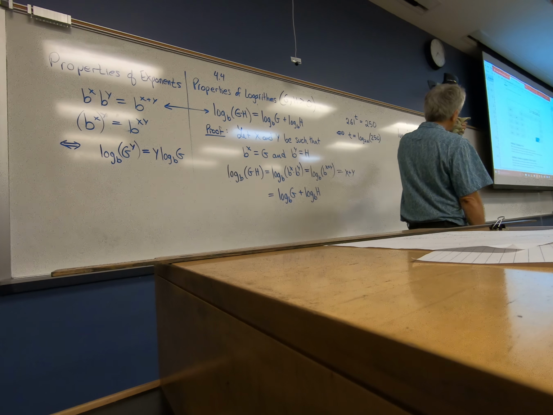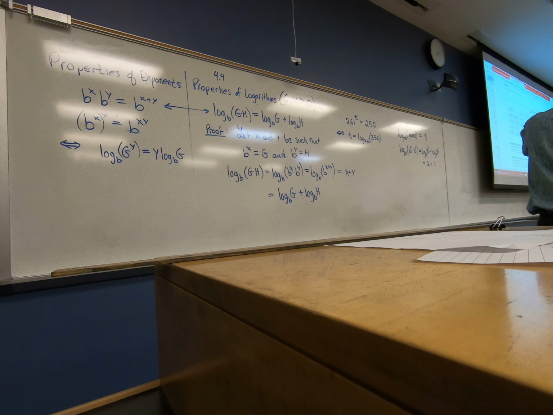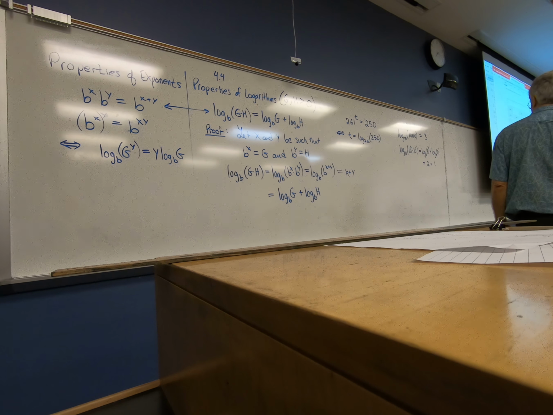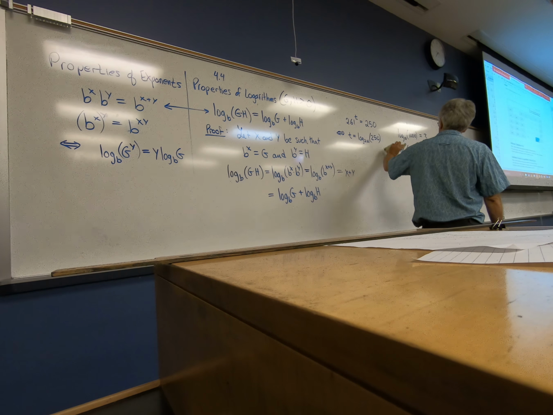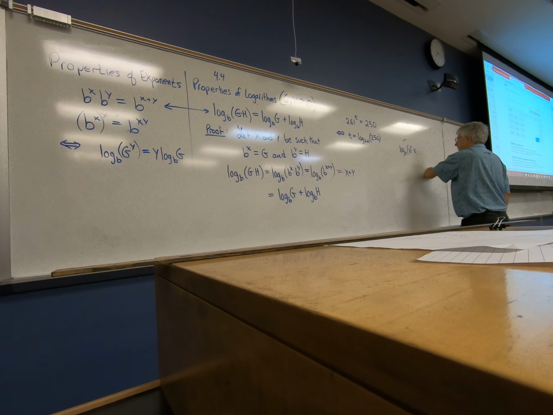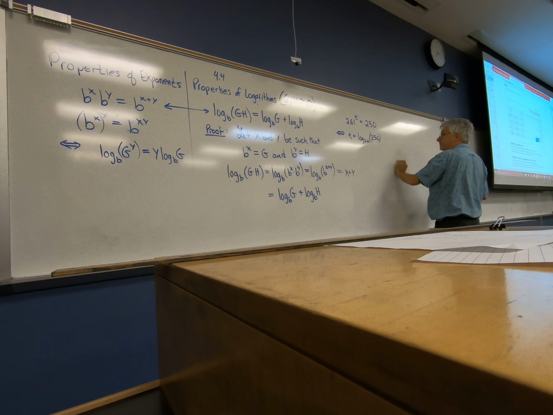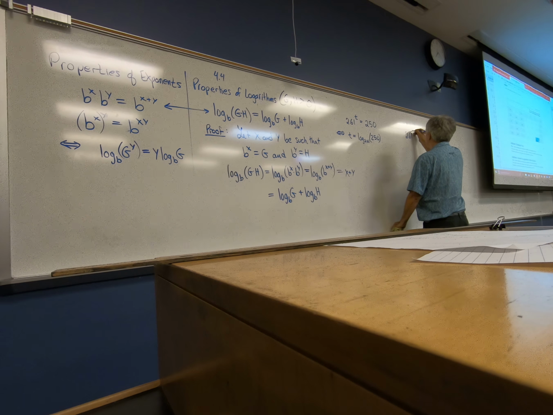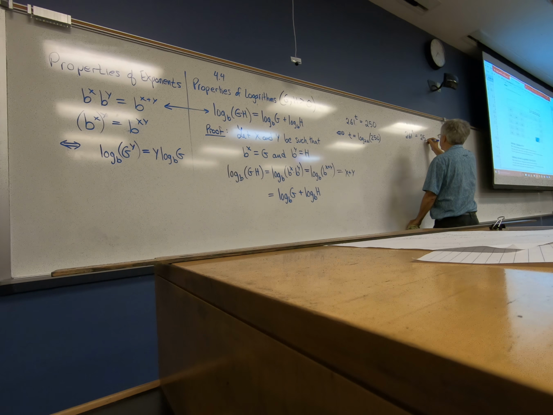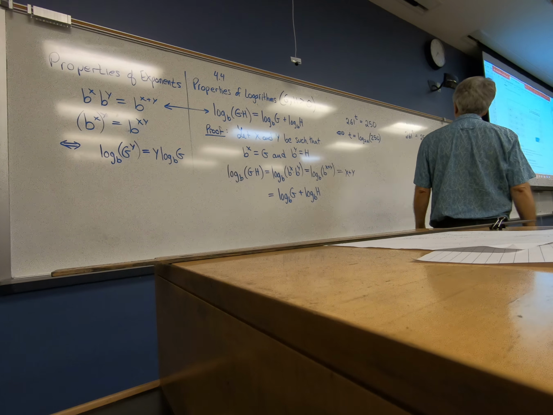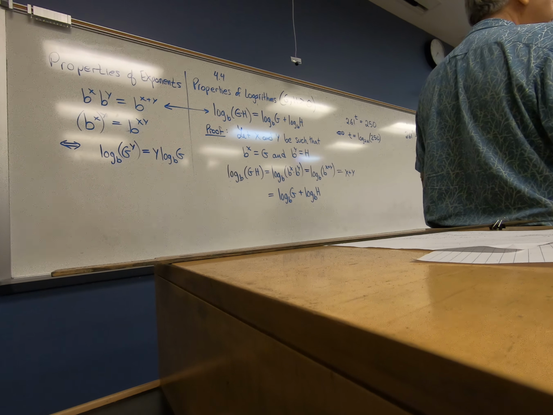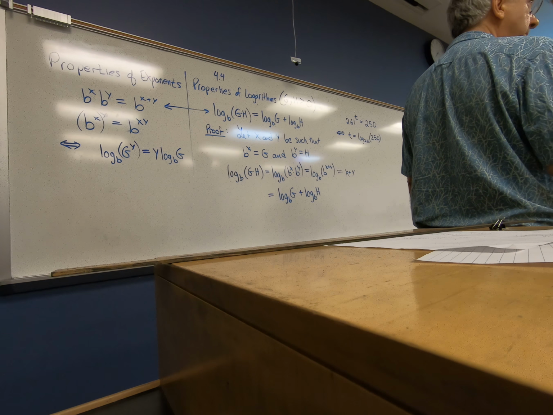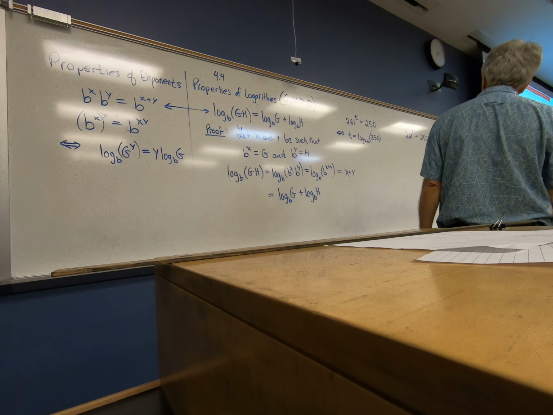But how do you evaluate this using the change of base formula? So how do we get the change of base formula? Well, let's do it here. So we start out with 2.61 to the t equals 250, right? That's our starting equation. Now remember, a logarithm is a one-to-one function because it's invertible. The inverse of a log is an exponential, vice versa. So it's one-to-one.